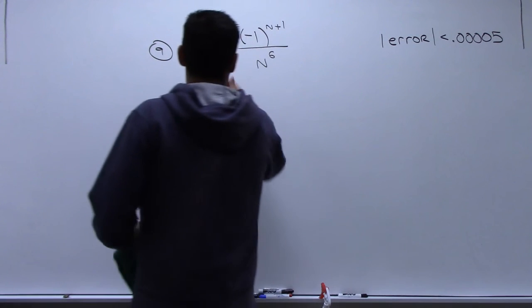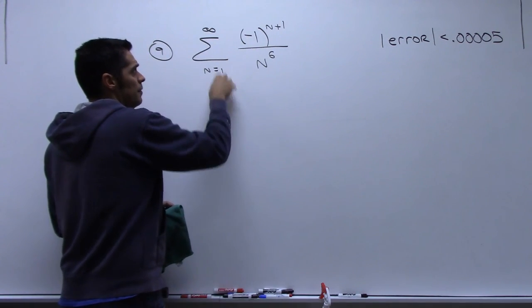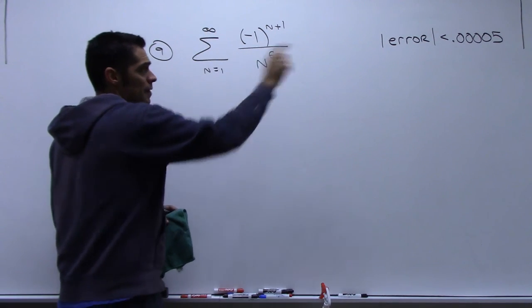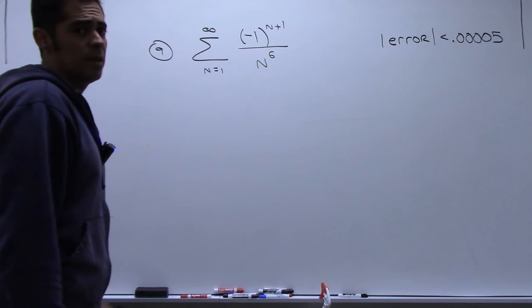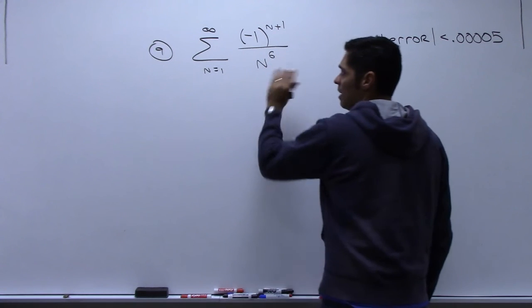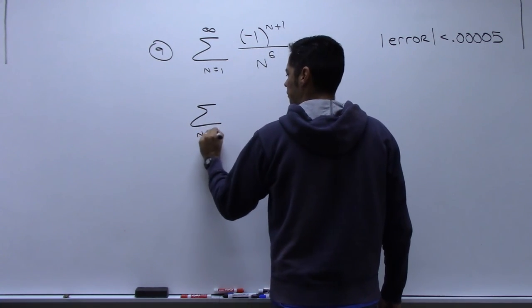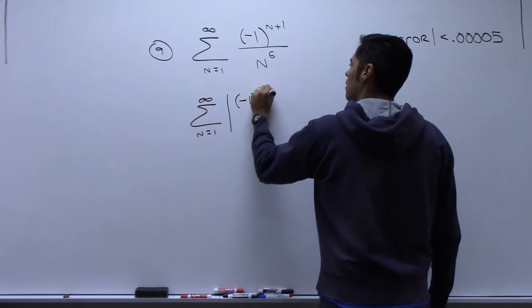So we know we can never add this up forever. If this converges, we want to figure out how many of these we would need to add up to get within that close of the true sum. So first let's confirm that it converges. I could do the alternating series test here, but how about we look at the absolute value of this.